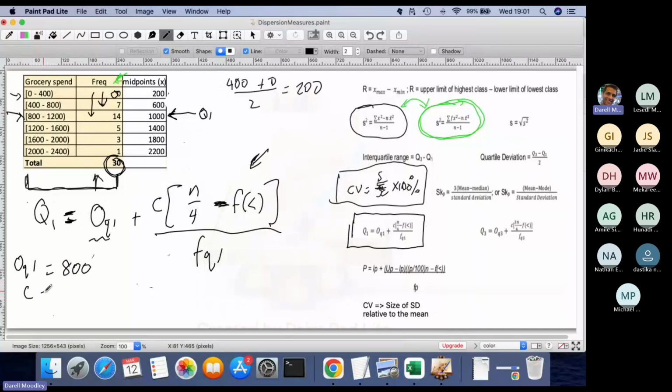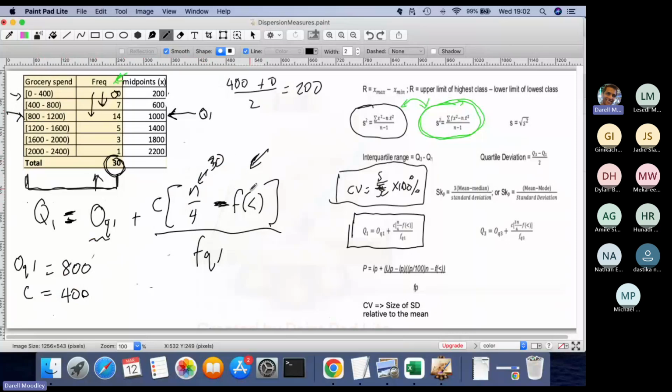Your C is the class width, and that's 400, because it goes from 800 to 1200. If you subtract the lower limit of 800 from the upper limit of 1200, you get the class width of 400. N over 4, we've worked that out already, about 7.5. All you do is substitute N, which is 30.